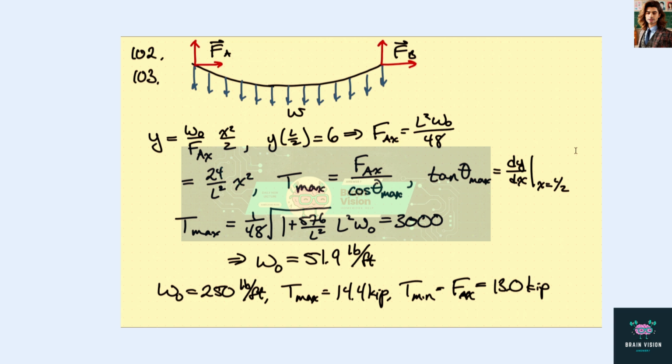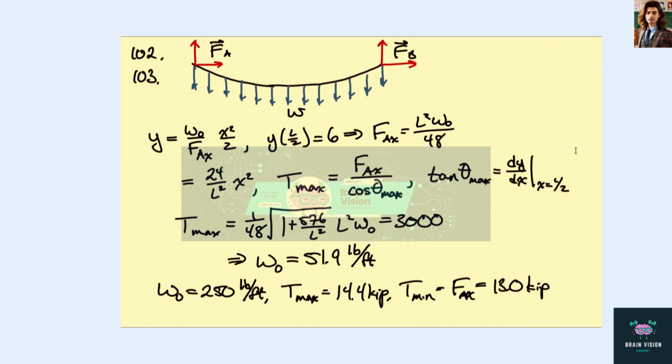Now in their first problem, they ask us to determine the load the cable is capable of holding before it reaches a maximum tension of 3,000 pounds, where it breaks.